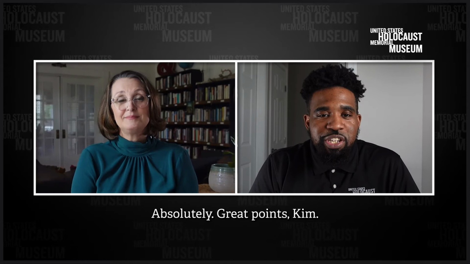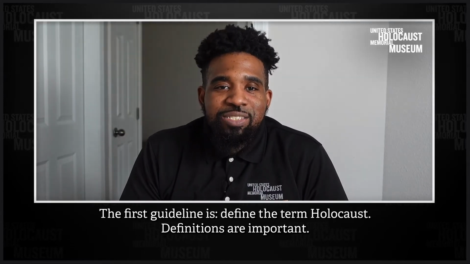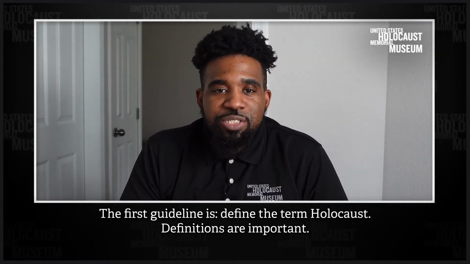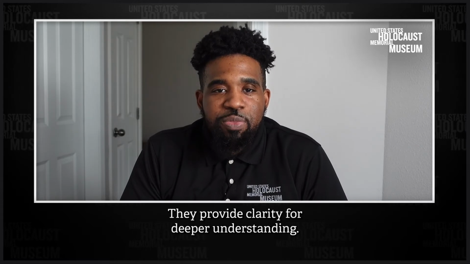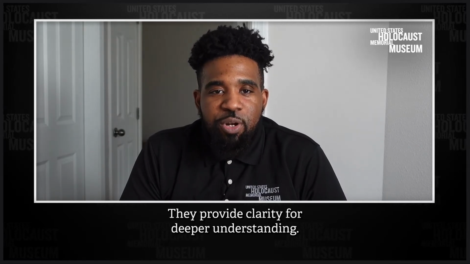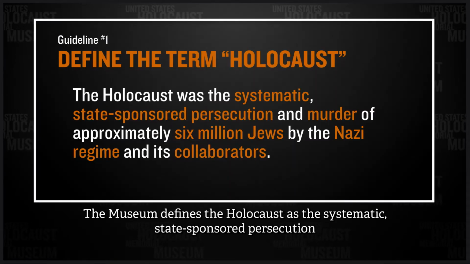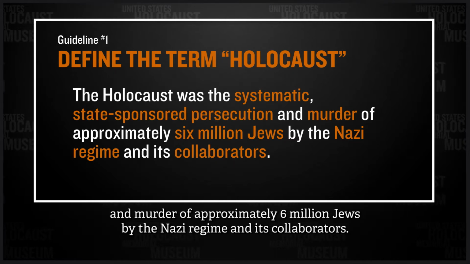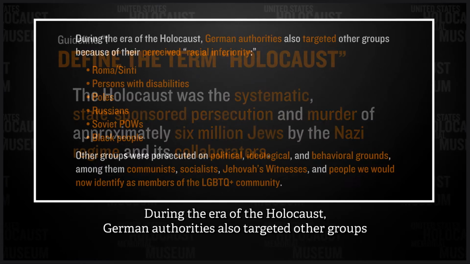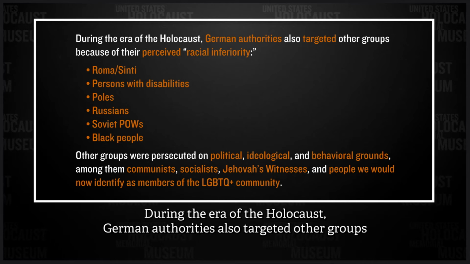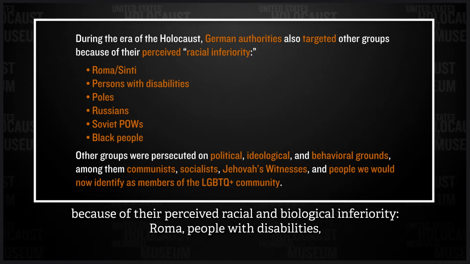Absolutely. Great points, Kim. The first guideline is define the term Holocaust. Definitions are important. They provide clarity for deeper understanding. The museum defines the Holocaust as the systematic, state-sponsored persecution and murder of approximately 6 million Jews by the Nazi regime and its collaborators. During the era of the Holocaust, German authorities also targeted other groups because of their perceived racial and biological inferiority.